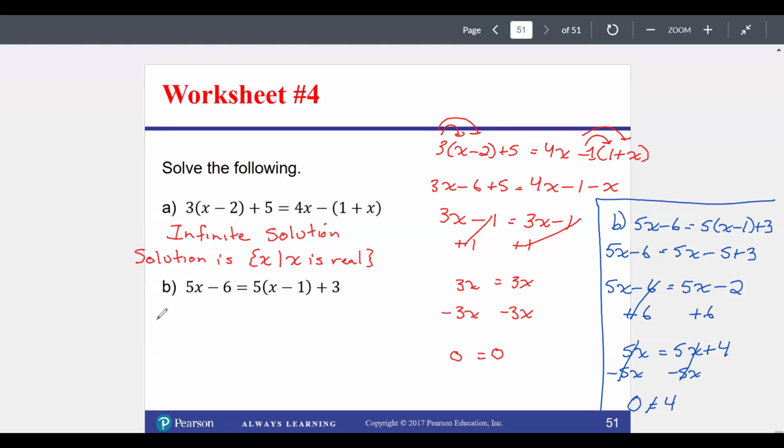So for B, this is inconsistent. Remember, we write inconsistent so it's legible. Inconsistent and has no solutions.